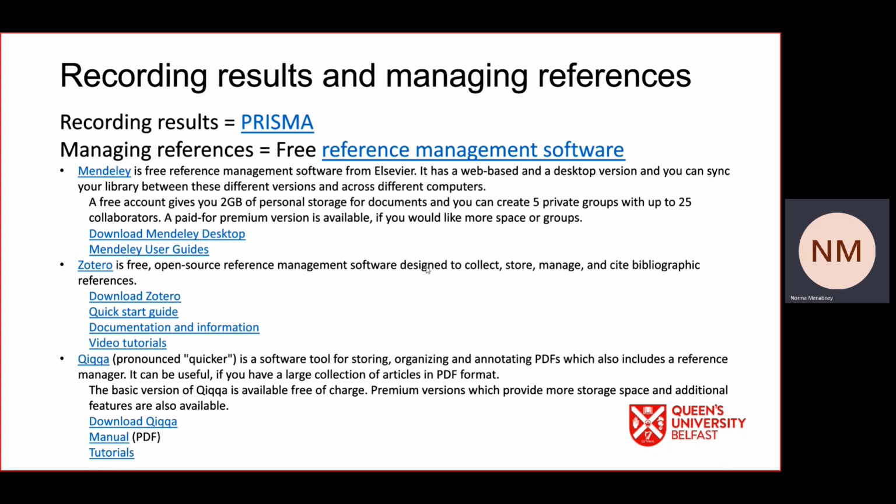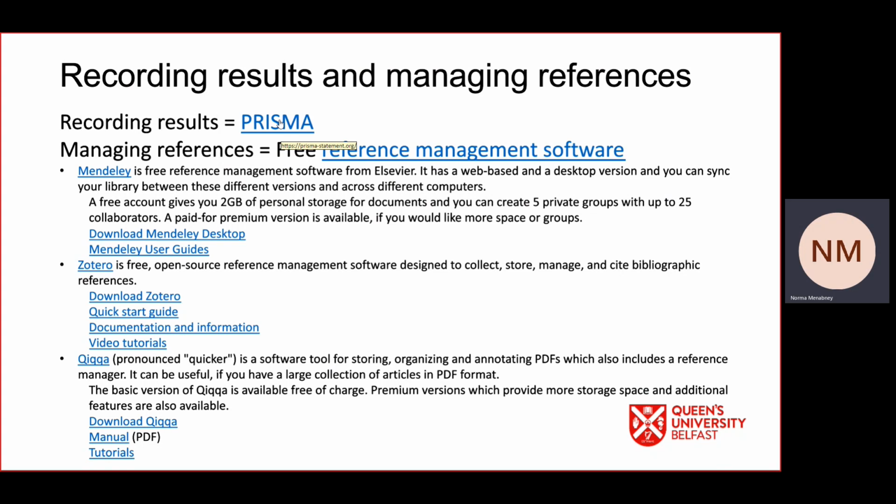First of all, for recording results, and that means you're looking at them, you're saying, I've searched this number of databases, this is the name, this is the number of results I got from each database. So this is the number crunching of the practical side of what you did. Then Prisma is an example of a resource to use.